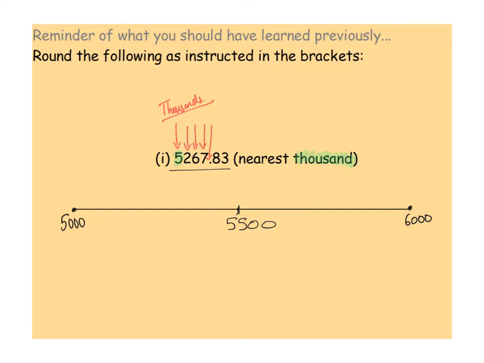And to decide that, really all you need is this next column, the hundreds column, and that tells us that it's nearer to this side, so it's between these two, goes somewhere around about here. And so to round this to the nearest 1000, we can see it's nearer to 6,000 than 5,000, so my answer would be 6,000 to the nearest 1000.